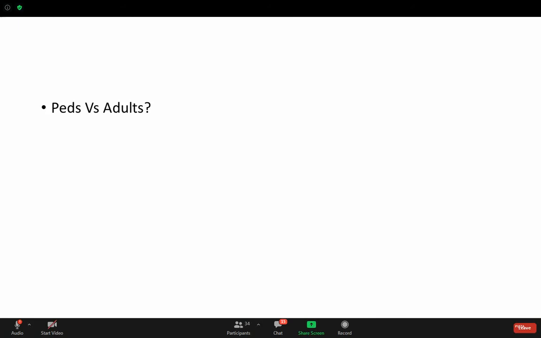Same thing for blood pressure, you would know what is the normal and it would apply to all adults. In pediatrics, different age groups will have different normals. But you should be aware of this. What's considered a normal heart rate for a neonate will be tachycardia for a 10-year-old. So this is a big difference.